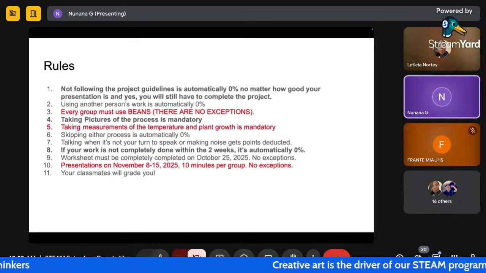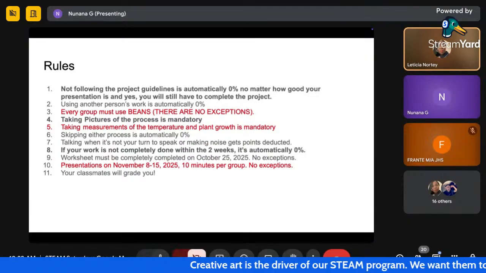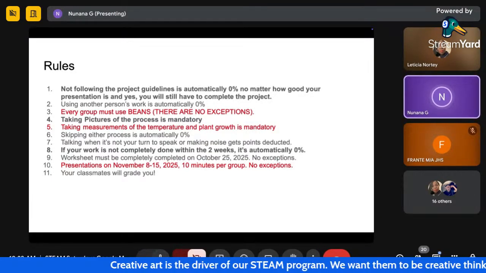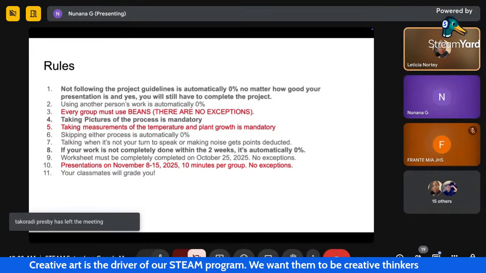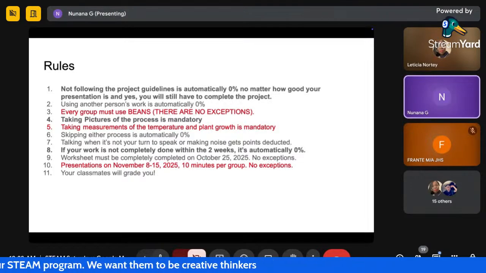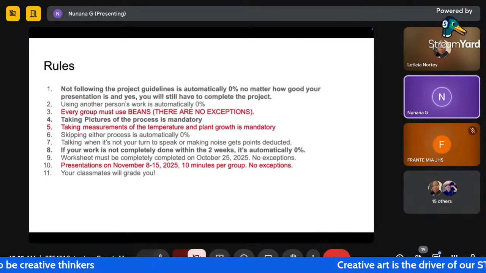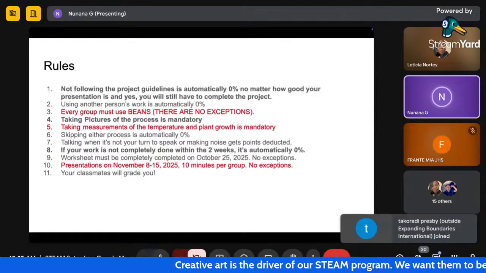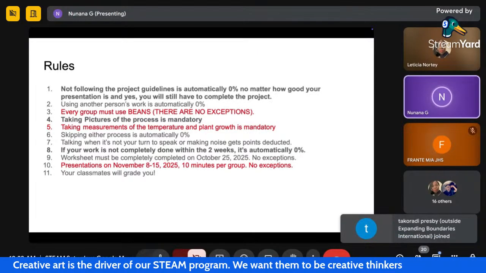Using somebody else's work is 0%. Every group must use beans, no exceptions. You are going to be taking pictures of the process. You're going to be taking measurements, temperature, and the plant growth. It's mandatory. Skipping the process, your project is 0%.